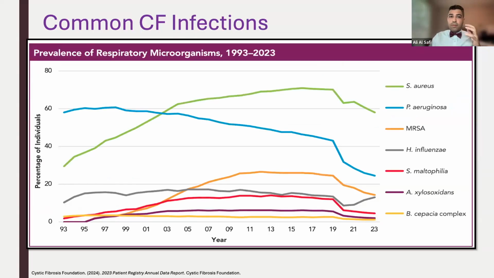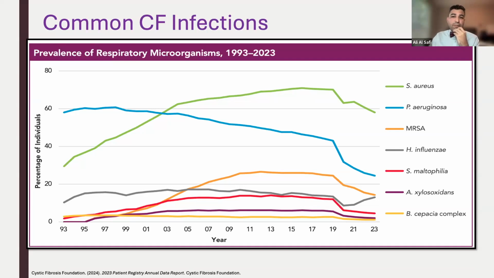As you know, we have main pathogens associated with cystic fibrosis. Staph aureus remains the most common and is always associated with poor outcomes, especially MRSA. Pseudomonas has decreased in prevalence over the years, which is likely due to eradication therapy, but we see it more often in the aging population.